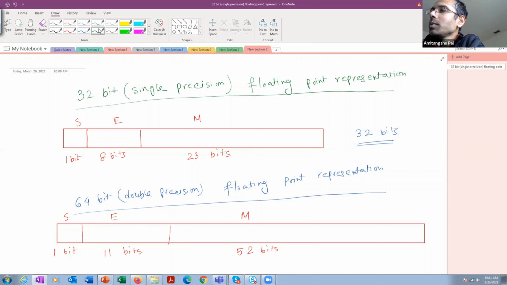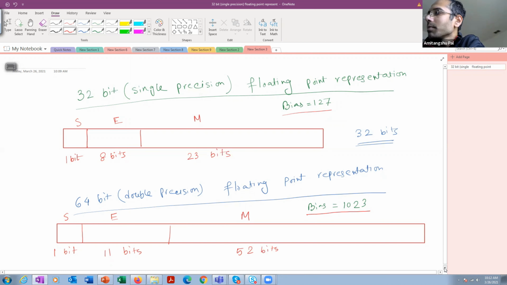In case of 32-bit representation, the bias term was 127. In case of 64-bit representation, the bias term is 1023, as opposed to 127. Other than these two differences, everything will remain the same. Other than the number of bits in the exponent and mantissa sections and the bias term, all the things that we have learned will remain the same.